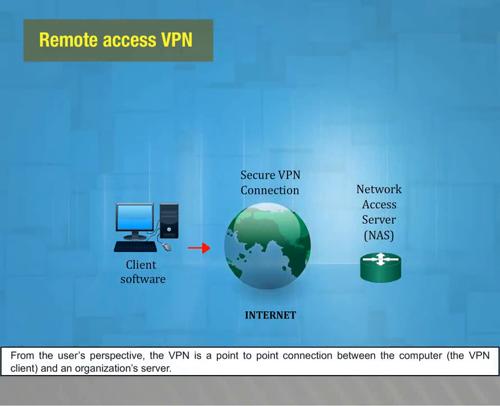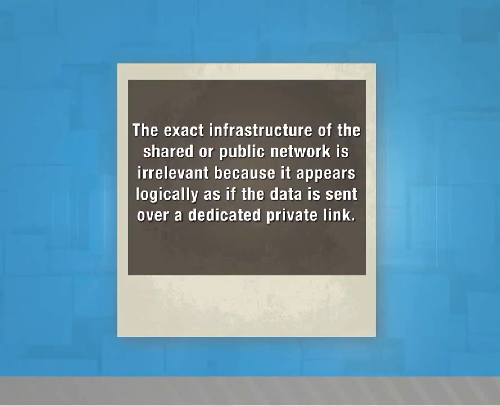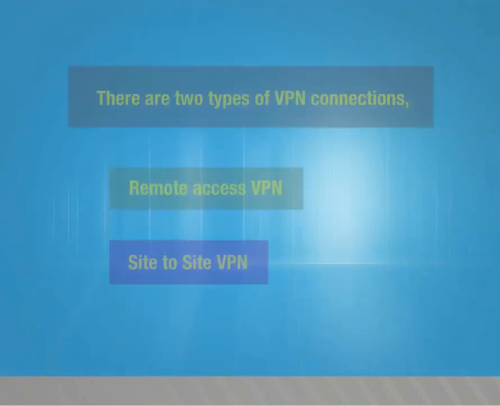From the user's perspective, the VPN is a point-to-point connection between the computer, that is the VPN client, and an organization's server. The exact infrastructure of the shared or public network is irrelevant because it appears logically as if the data is sent over a dedicated private link.